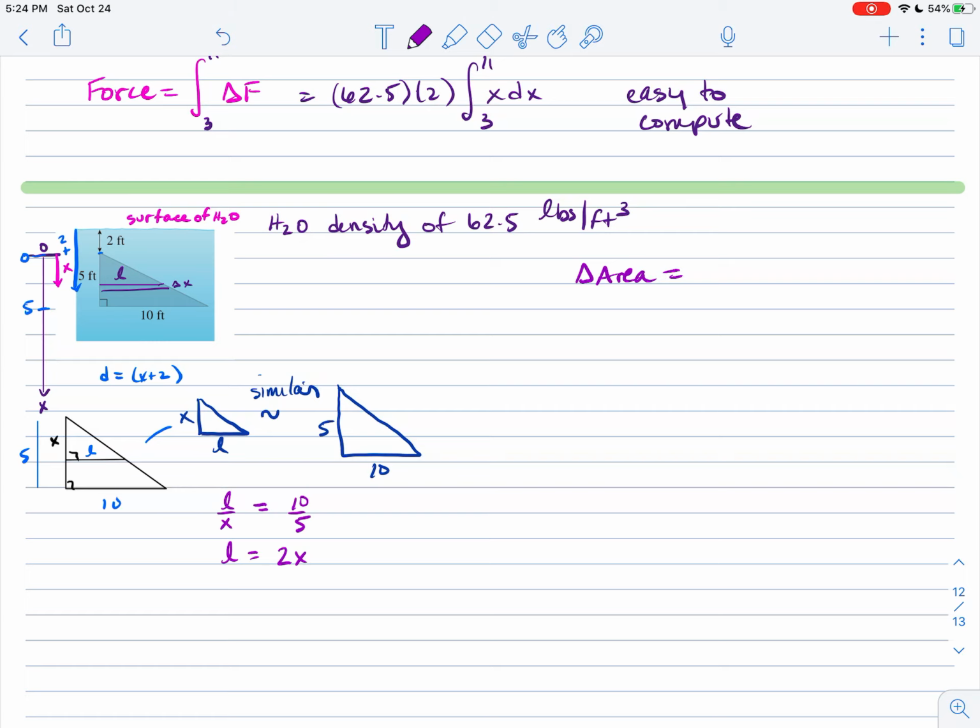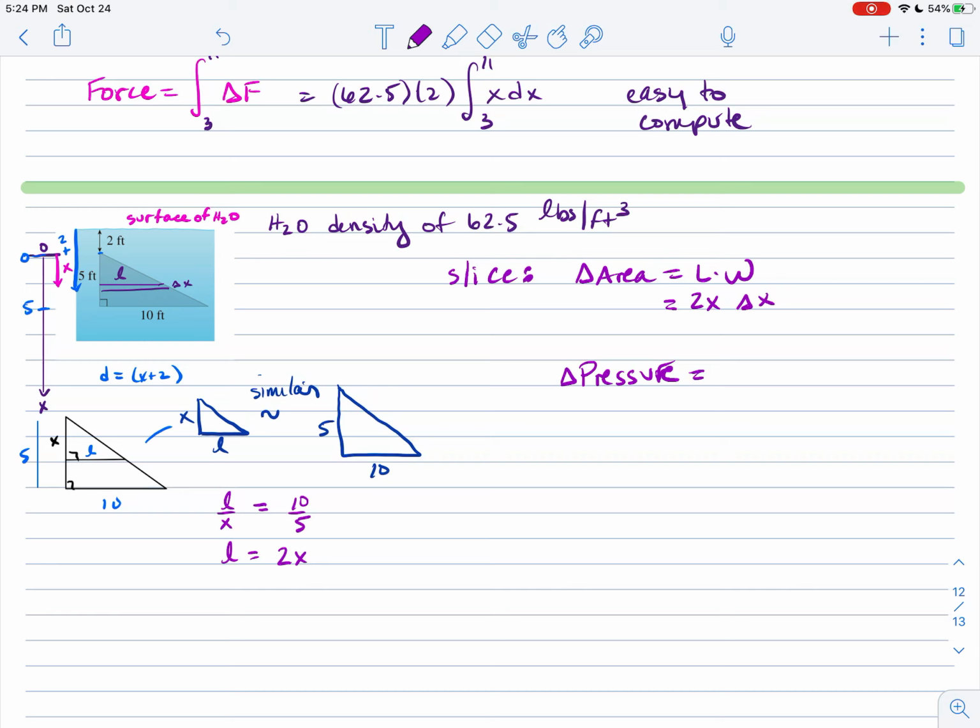So what's my next step? I'm going to calculate the delta area of my slice. That area is length times width, and my length now we have is 2x, and our width is delta x. What's my pressure?